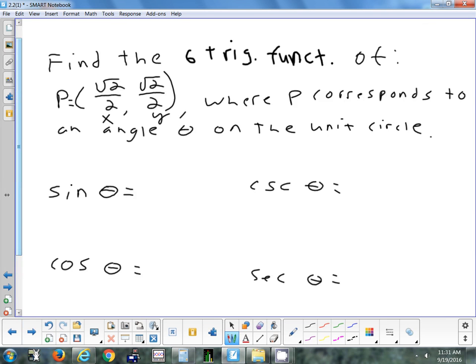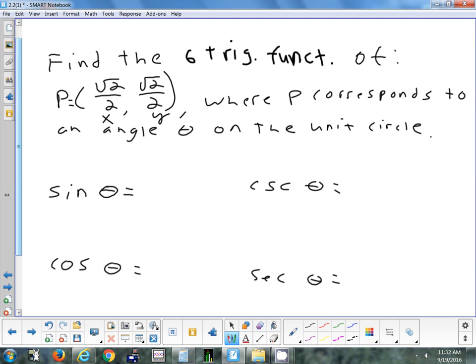Okay, does anybody think that that's the coordinate for either 0, 90, 180, or 270? No. How do we know that that definitely is not the coordinate for 0, 90, 180, or 270? Yeah, the coordinates for the angles I just mentioned have all 1s, 0s, and negative 1s. So what is this the coordinate for? We don't know. Or you might know.